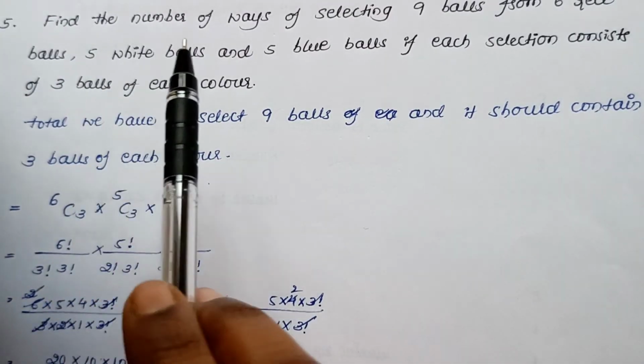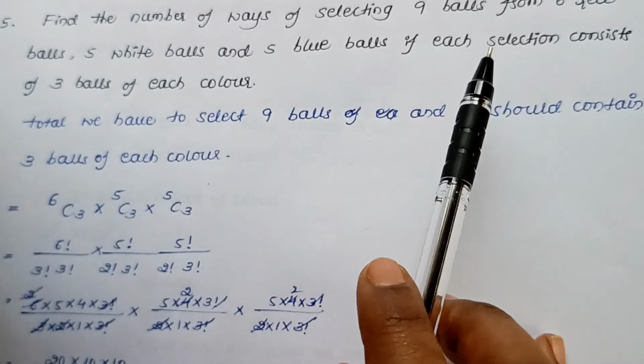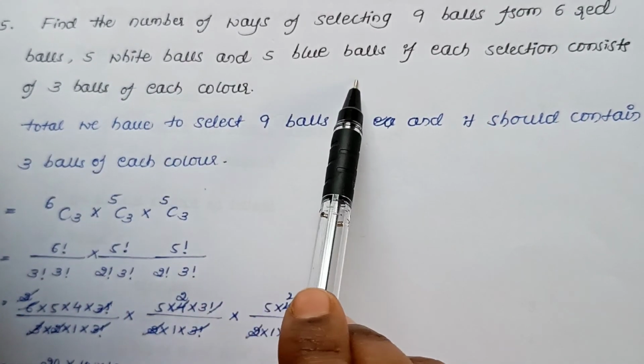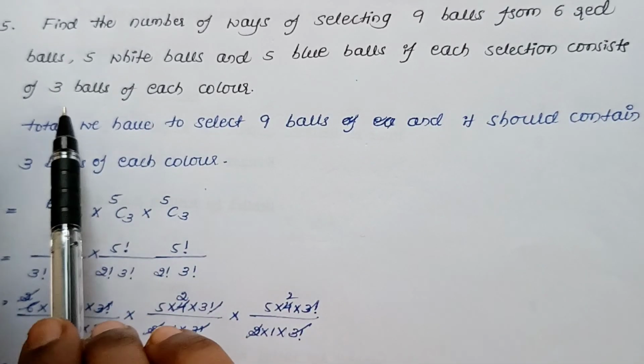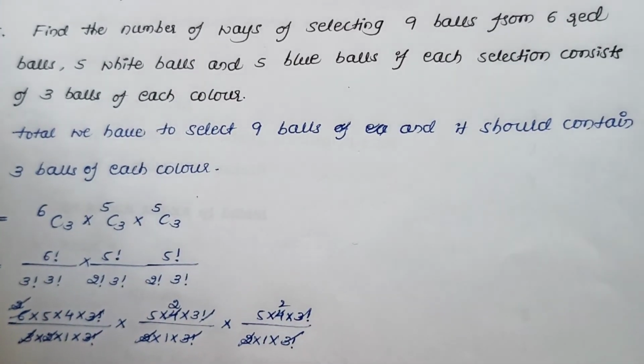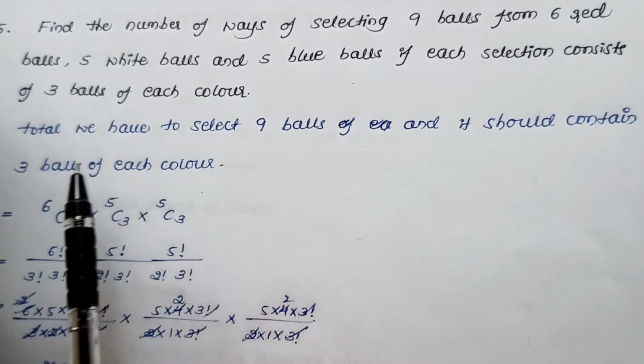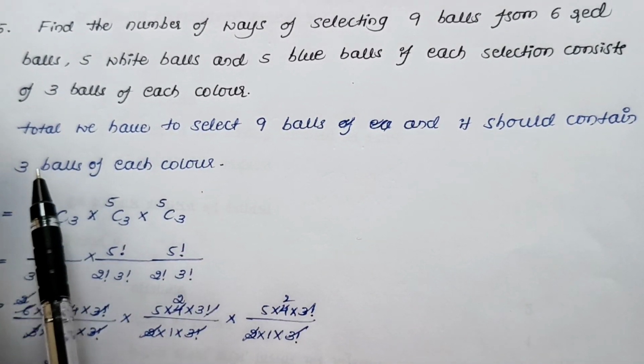Next one is, find the number of ways of selecting 9 balls from 6 red balls, 5 white balls and 5 blue balls, if each selection consists of 3 balls of each color. So we have to select 9 balls. In 9 balls, each color has 3 balls.